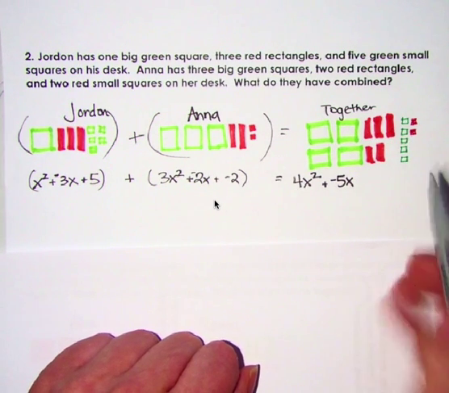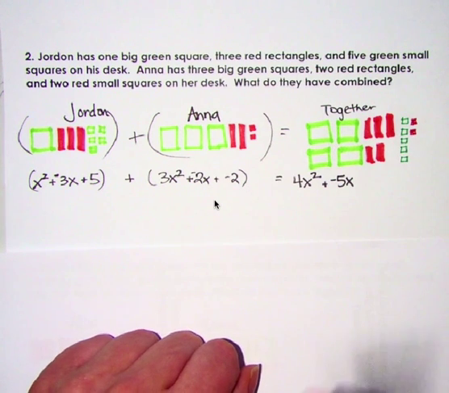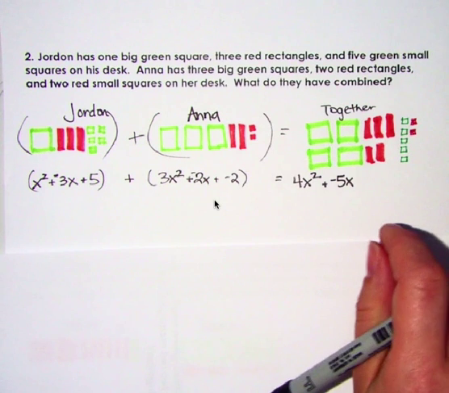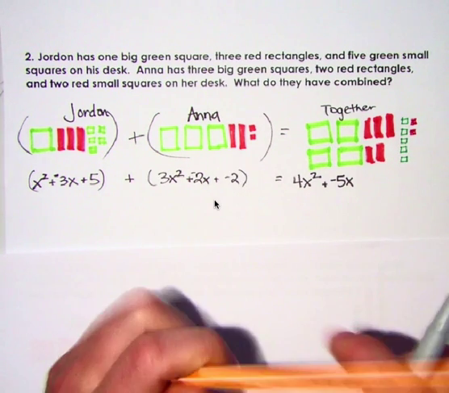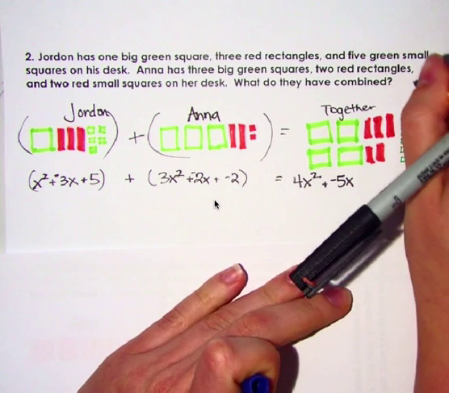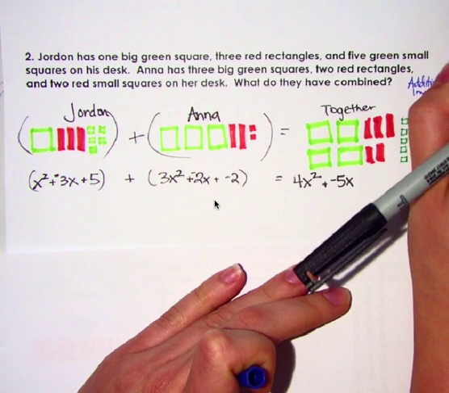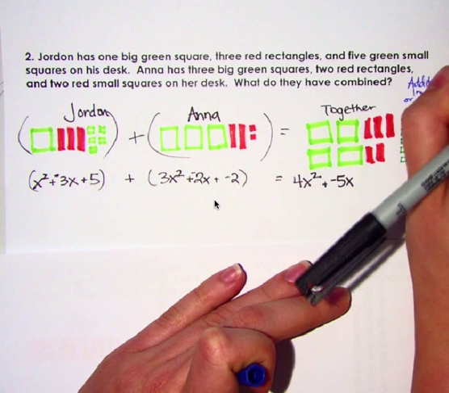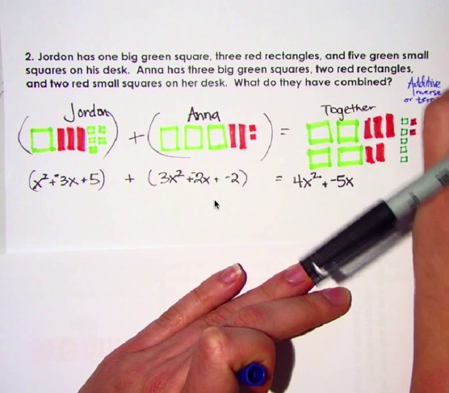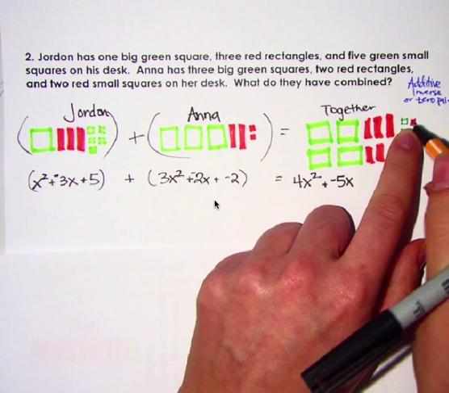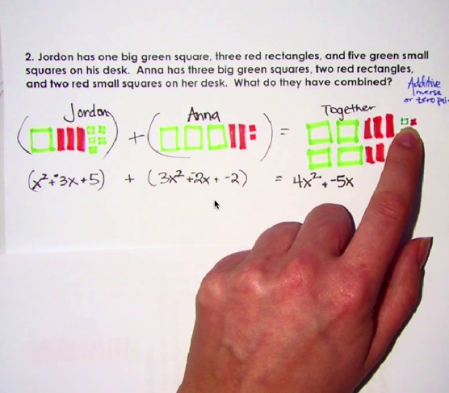All right, now let's talk about what do we do here. So one of them has 5 positives and one of them has 2 negatives. Well, this is where we bring in the additive inverse, or zero pair. Basically, we know that when you have a positive tile and a negative tile, they cancel each other out.